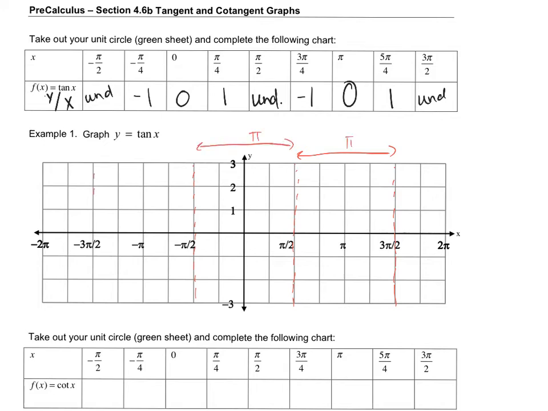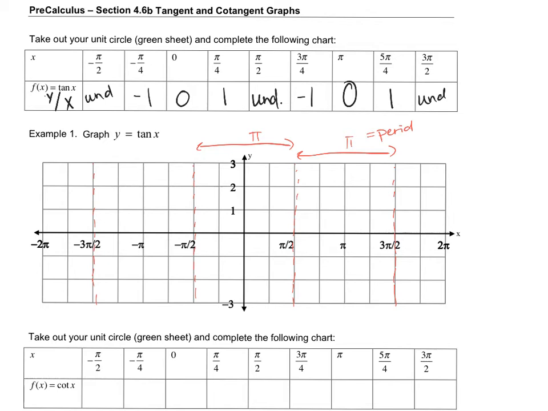So I'd have one at negative 3 pi over 2 as well. As you can see here, this is no longer 2 pi between vertical asymptotes. So my new period for tangent, and it turns out for cotangent as well, is just pi.